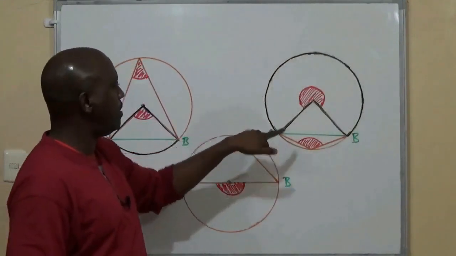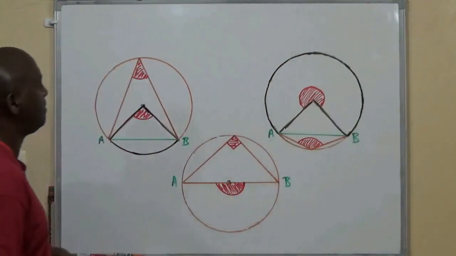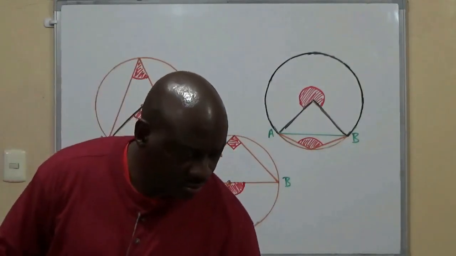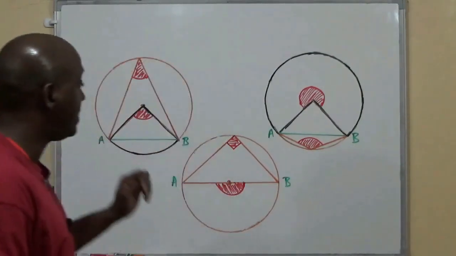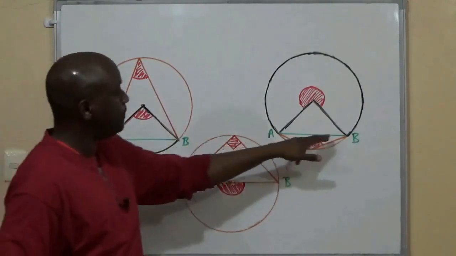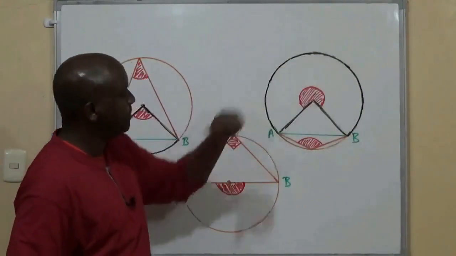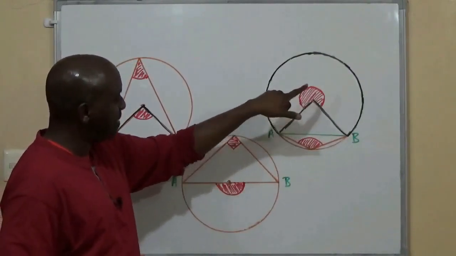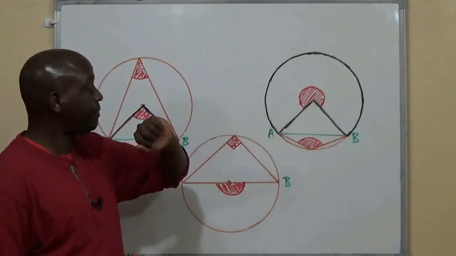Let me leave it as segment, because the chord defines the whole segment anyway. So the chord AB subtends this angle in the major segment.